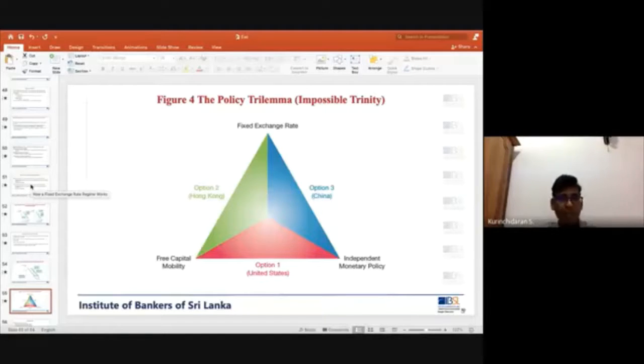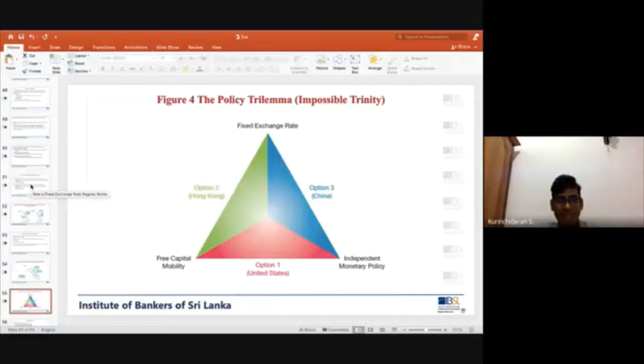Free capital means capital movement across the border can be free; you don't need to have any controls. A fixed exchange rate means the exchange rate is almost stable; you cannot have fluctuation. But the thing is, can you have all these three together? That's the question.